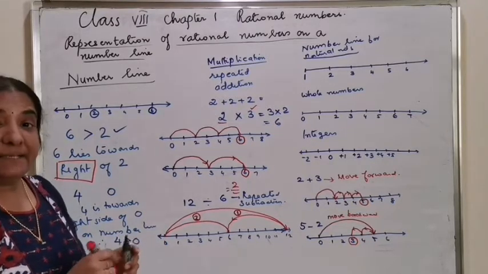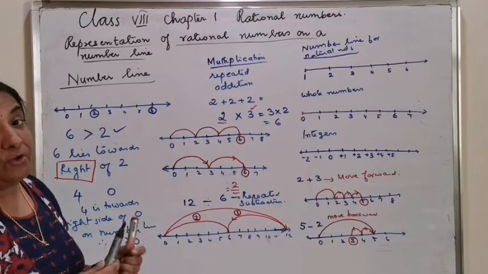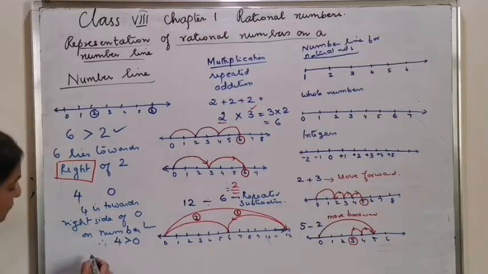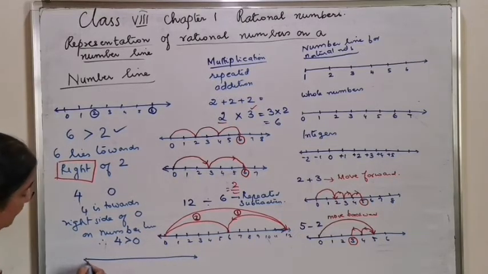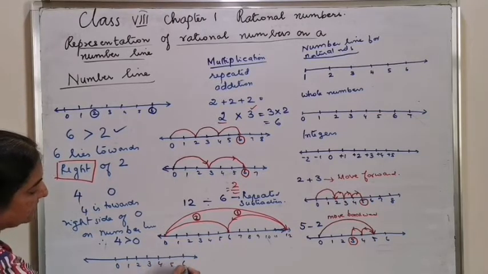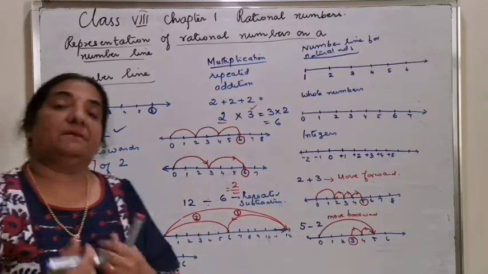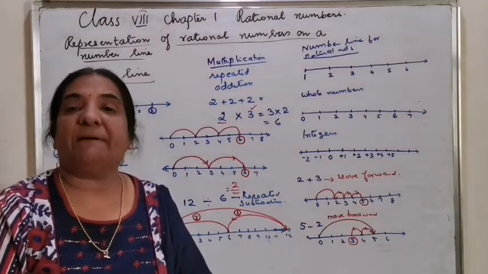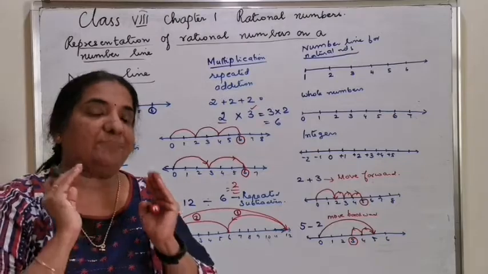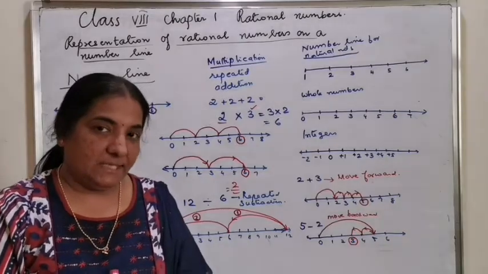This concept is useful for integers. If you see the number line of integers, you can very easily remember the comparison of integers if you keep a number line in your mind.